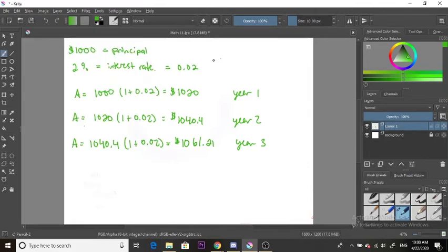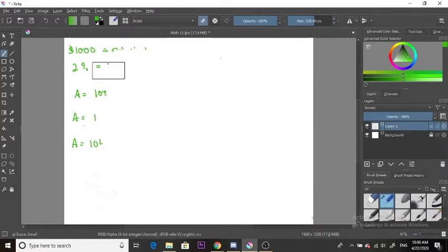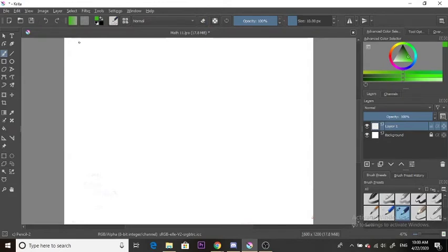So let's introduce the actual formula. When you have compounding interest, you will have this formula right here.